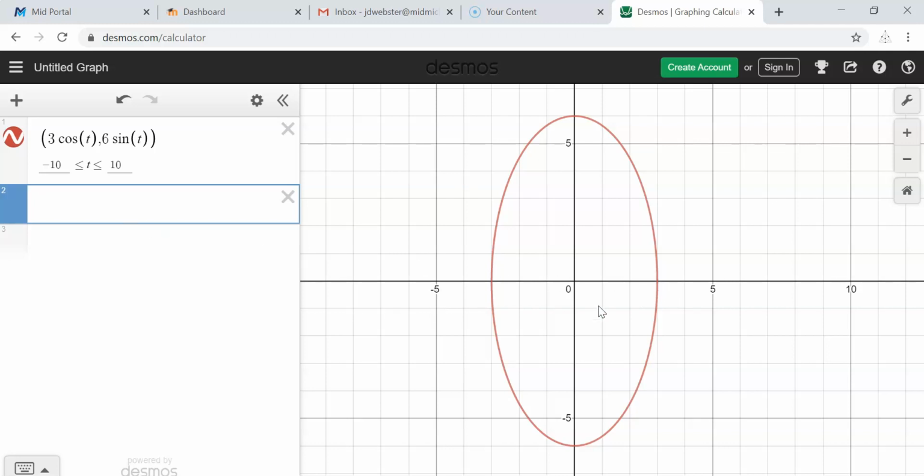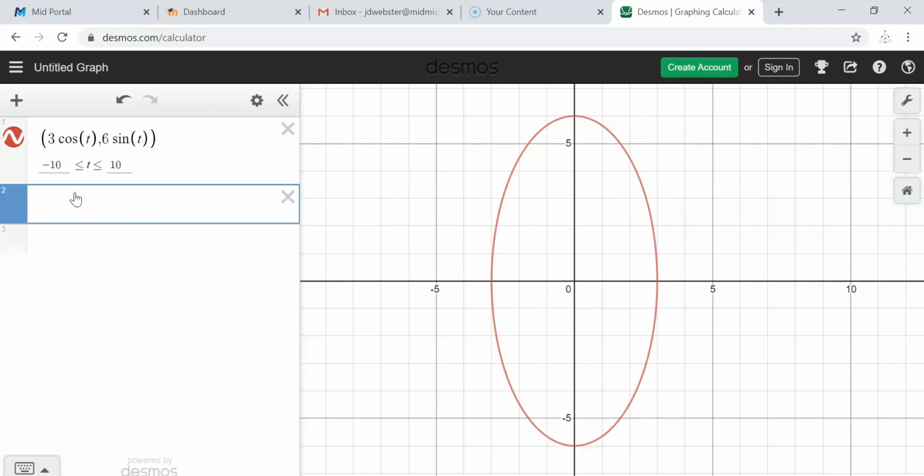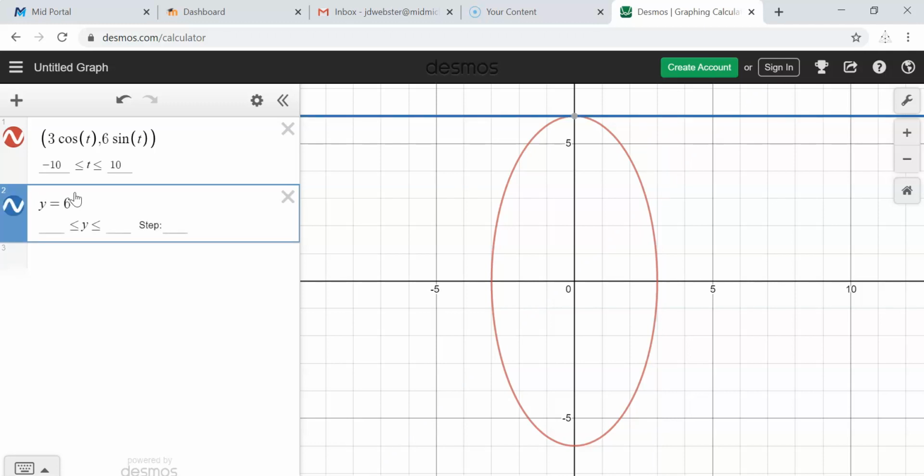So in our case, for instance, if you look at the x equals 3 line, that is a tangent line for this point 3, 0. And it's vertical here, meaning that the slope at this point is undefined. Now, if I were to have written y equals 6, a tangent line up here for the point 0, 6, well, that's a tangent line which is horizontal, and we know for horizontal tangent lines the slope is 0 at that particular point.